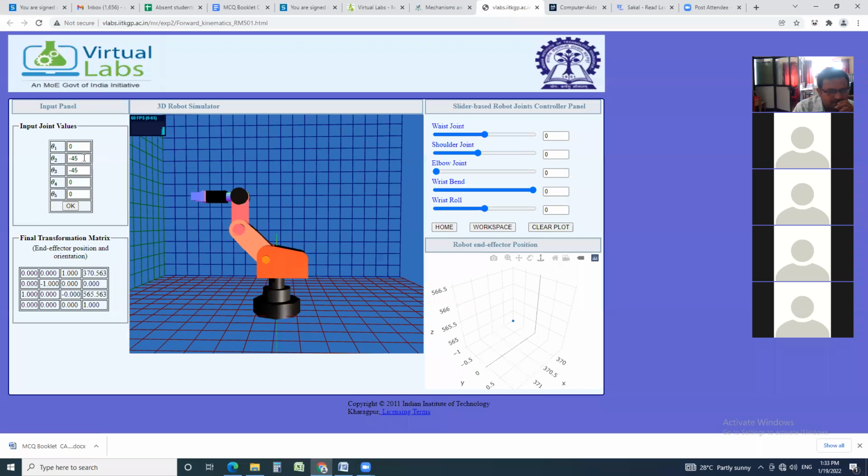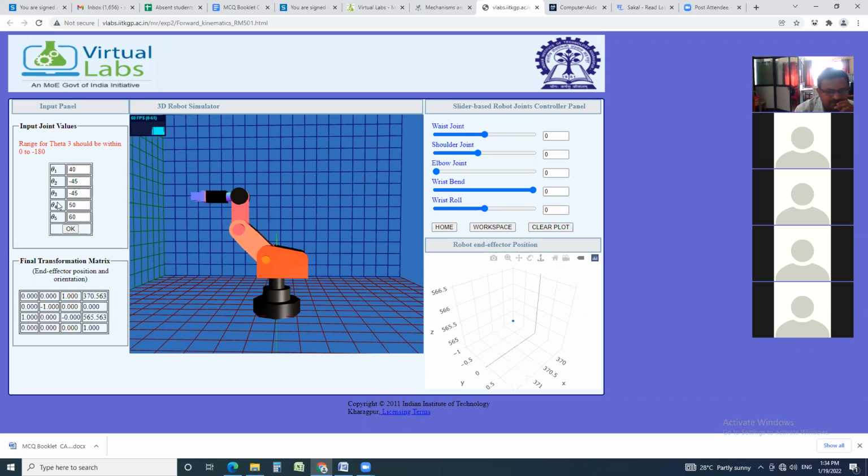Theta 1, theta 2. Now we will put some angles here. Theta 1, suppose we will put 40. Theta 4 we will put, suppose, 50. And theta 5 we will put, suppose, 60. Okay. Range for theta 3 should be within 0 to minus 180. Yes, it is correct.